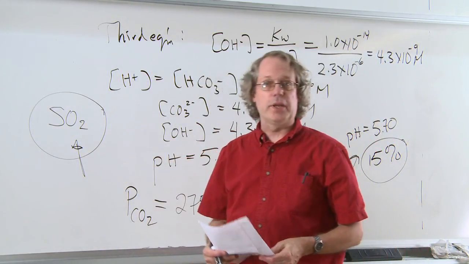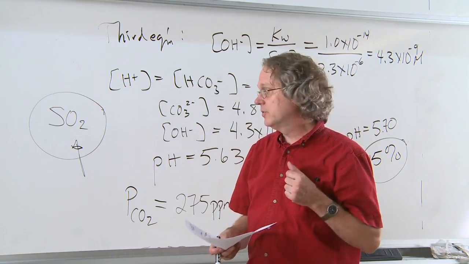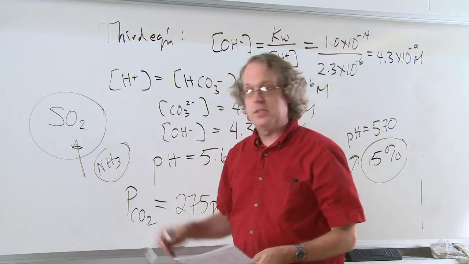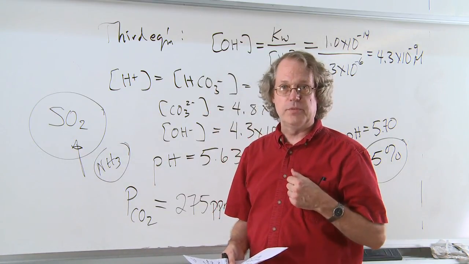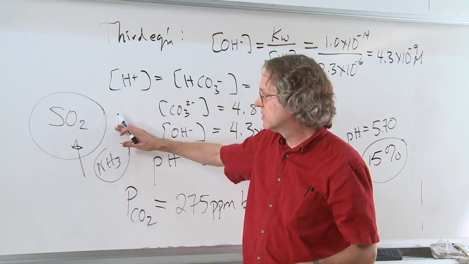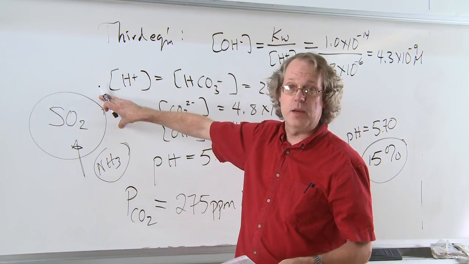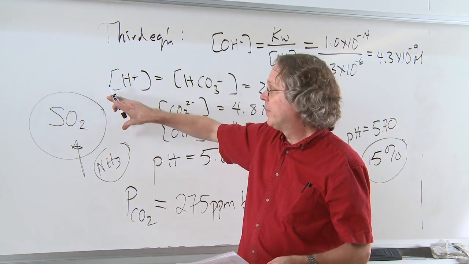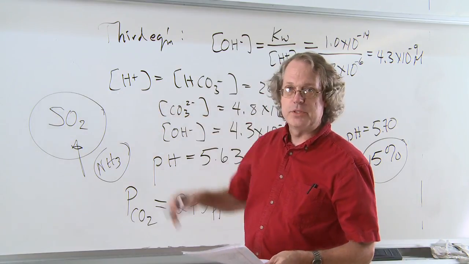Life is even more complicated because if you're in an agricultural area, you also have ammonia from fertilizer runoff. That's a base that goes in and neutralizes some of the acidity that shows up in lakes and streams. But this is a kind of fun example of looking at polyprotic dissociation, and it's one that has relevance to atmospheric chemistry.